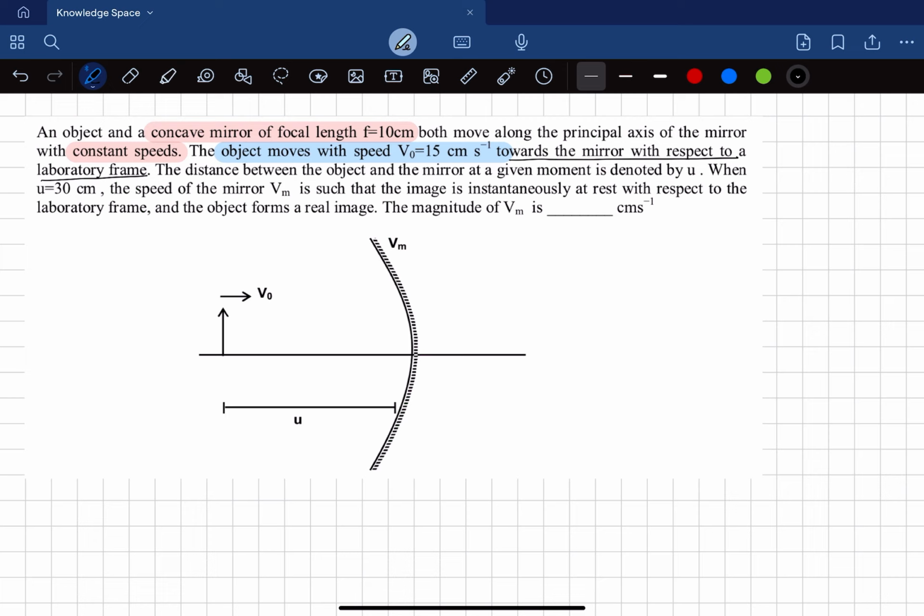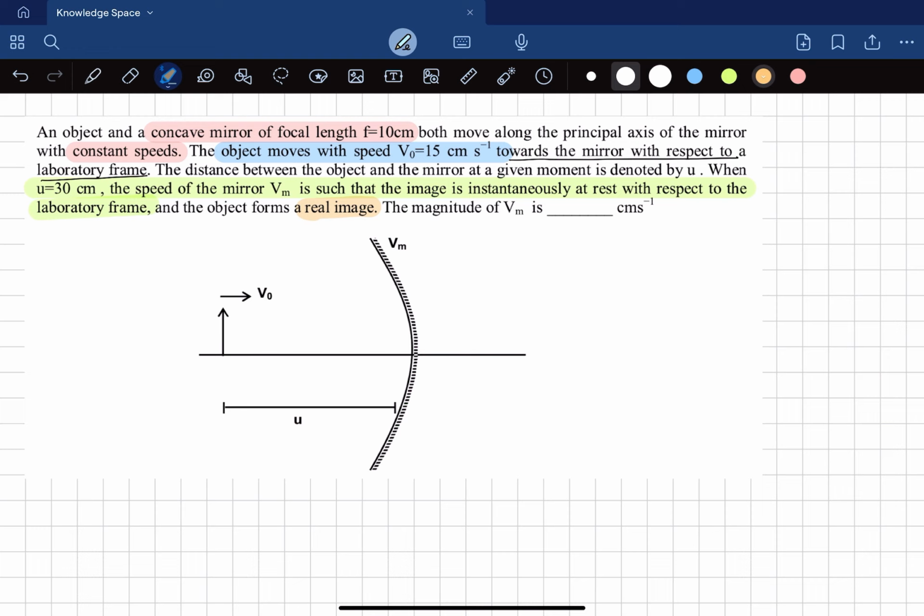The distance between the object and the mirror at a given moment is denoted by u. When u is equal to 30 centimeters, the speed of the mirror Vm is such that the image is instantaneously at rest with respect to the laboratory frame, and the object forms a real image. What is the magnitude of Vm?